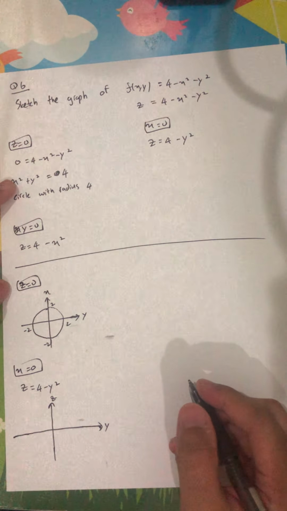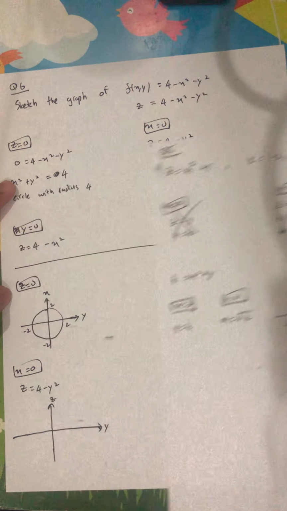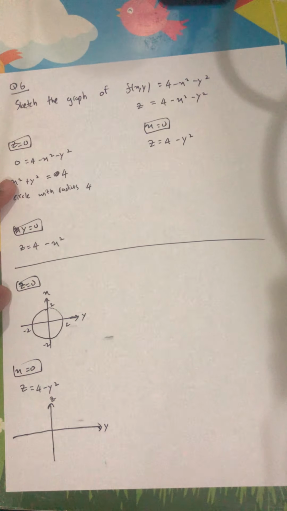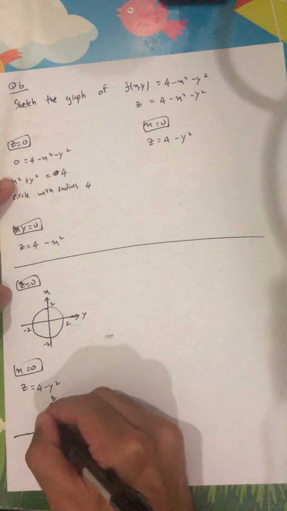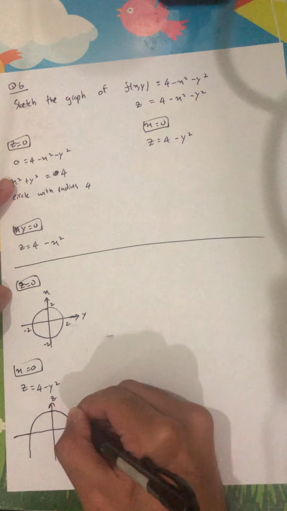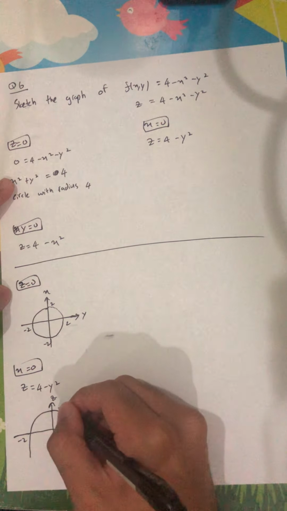So the shape, if you repeat from what we did here, you will have the drawing like this. This is 2, -2, 4.